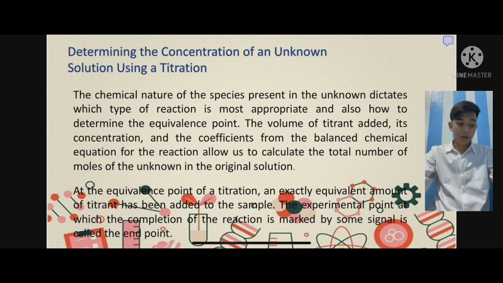At the equivalence point of a titration, an exactly equivalent amount of titrant has been added to the sample. The experimental point at which the completion of the reaction is marked by some signal is called the endpoint.